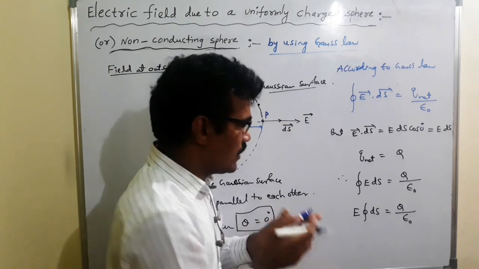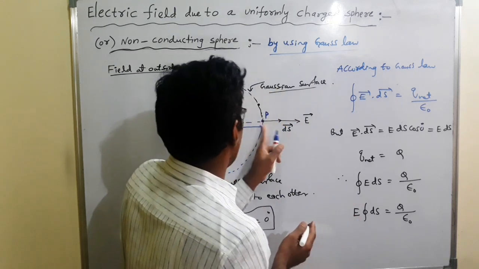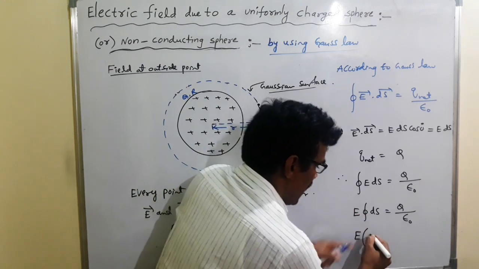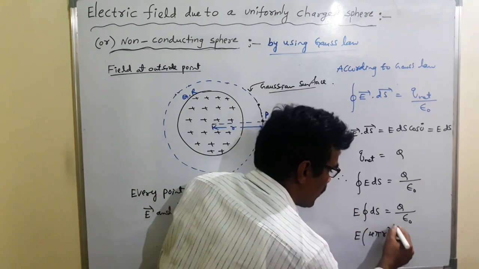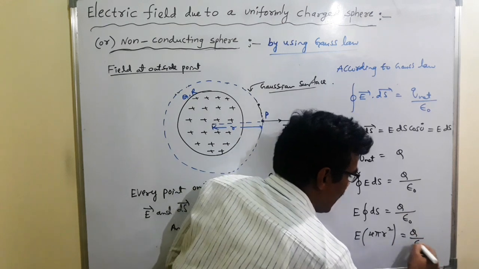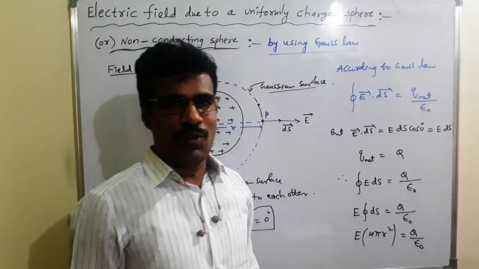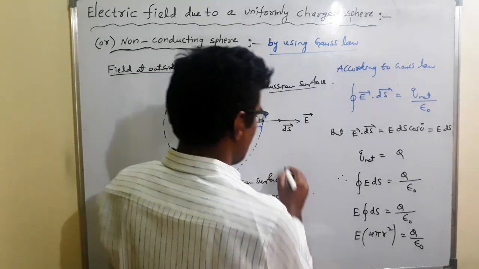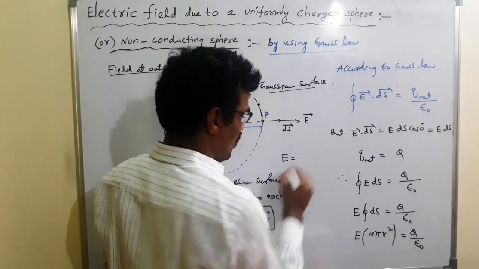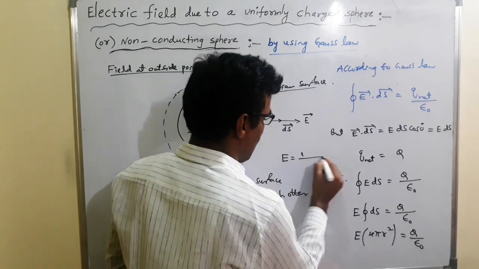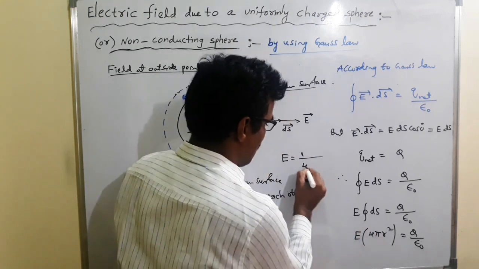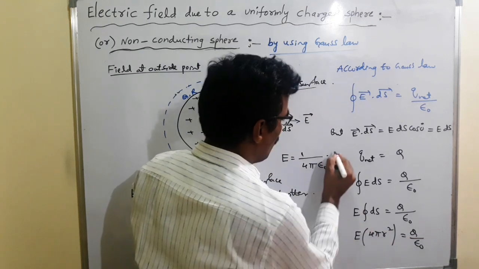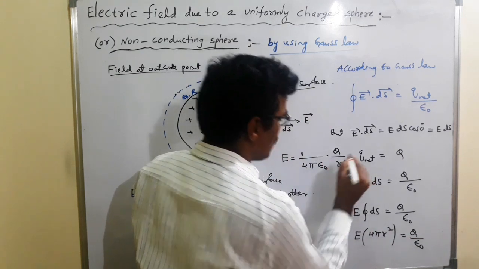The area of the spherical surface of radius small r, which is outside, is 4 pi small r square, which is equal to Q by epsilon naught. Therefore, E is equal to 1 by 4 pi epsilon naught into Q divided by r square.